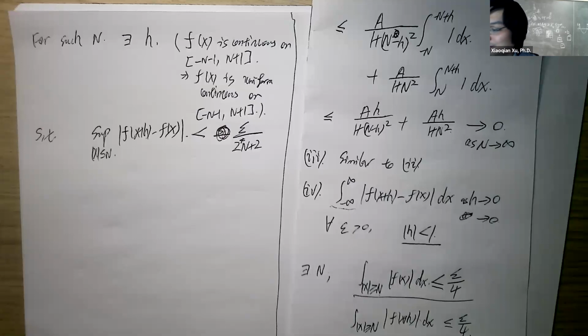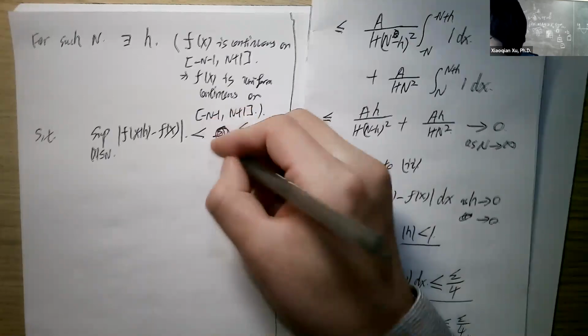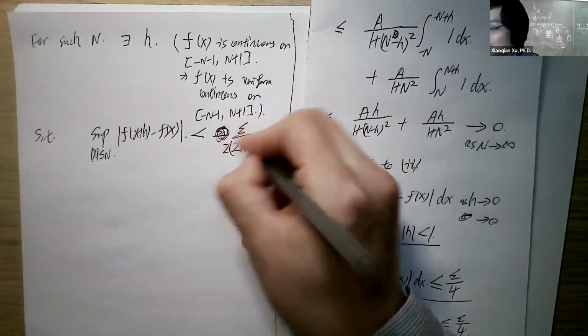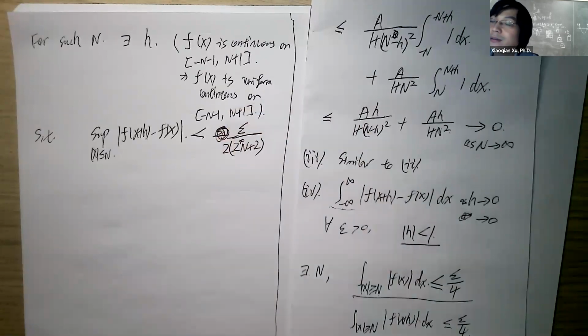Is that clear? Because f(x) is uniformly continuous on this interval. Maybe I should multiply by 2. You will see why I need to multiply by 2 here, but it doesn't matter at the very beginning.